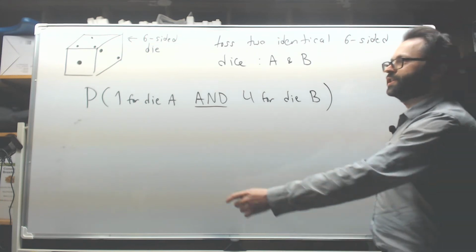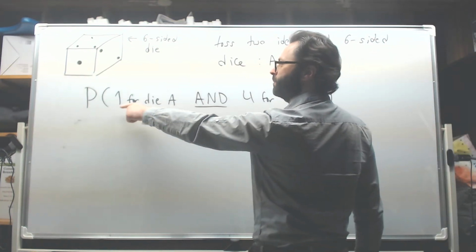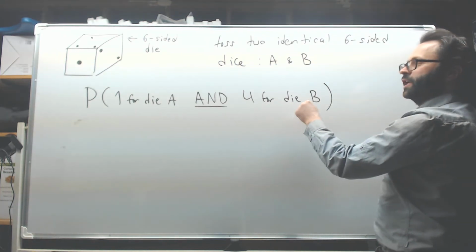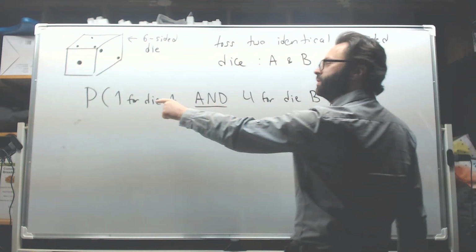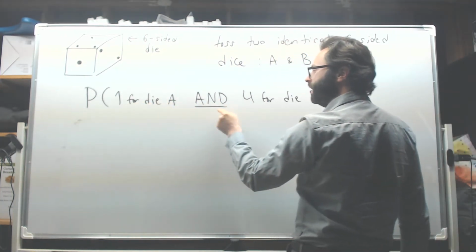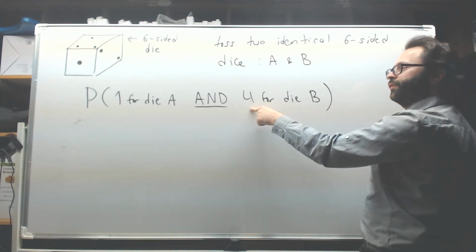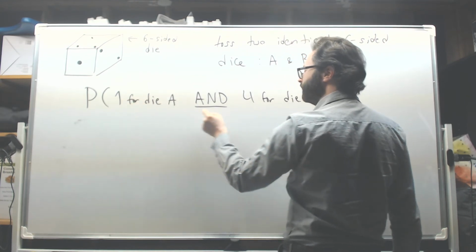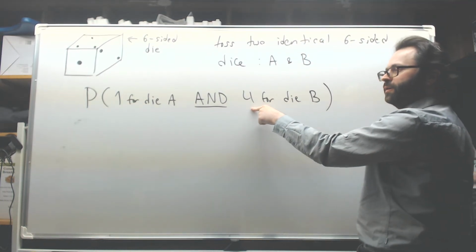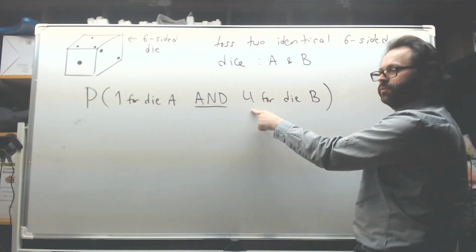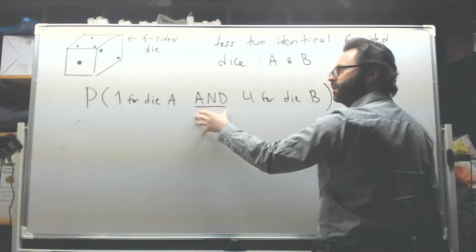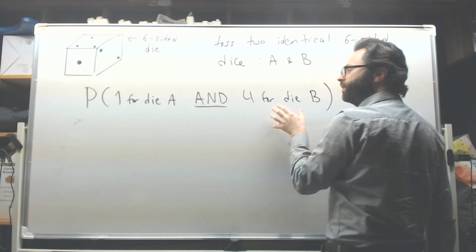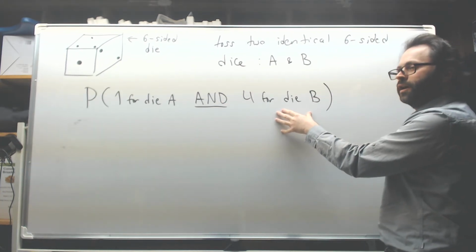We're not going to be satisfied if we obtain die A with 1, but something else for die B. We want die A to give us the face 1 and die B to give us the face 4. When die A gives us the face 1 and die B gives us the face 3, that is not the inference that we're asking about. We're asking about this specific conjunction of this inference and that inference together, and, not or.